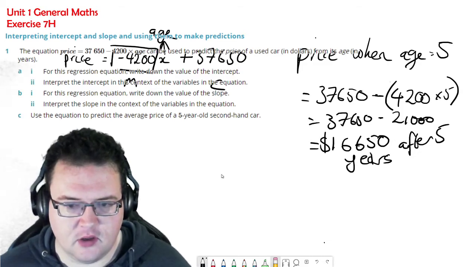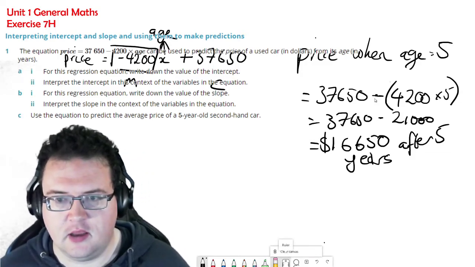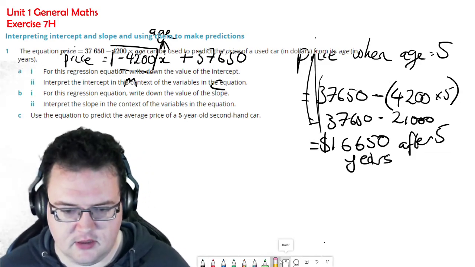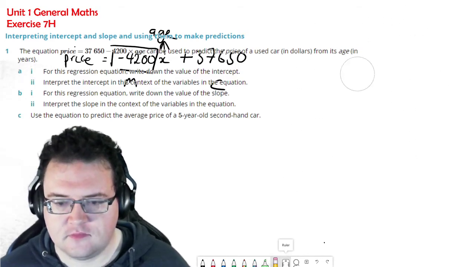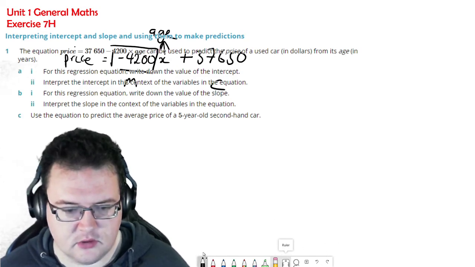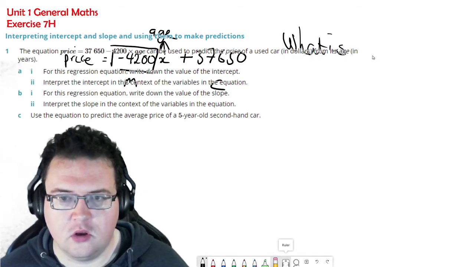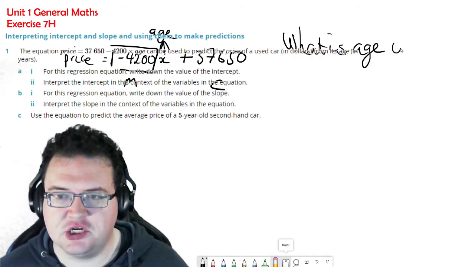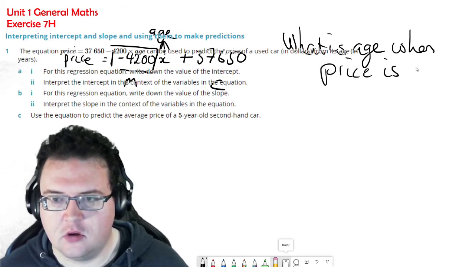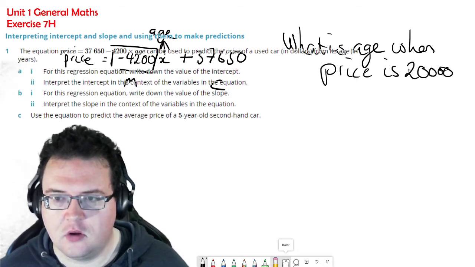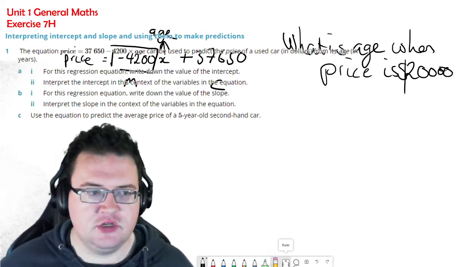So what is age? We'll say exactly when the price is exactly $20,000, how old is it?